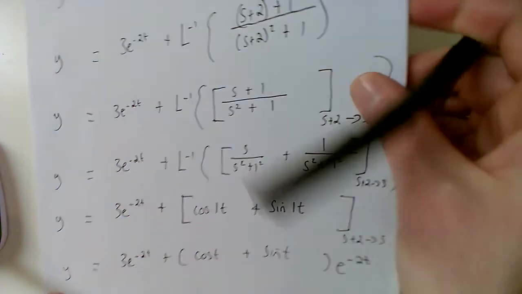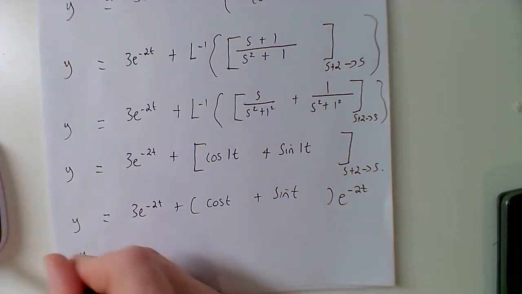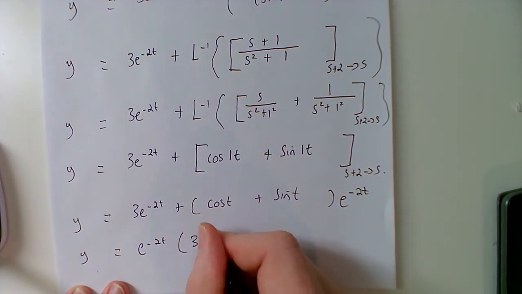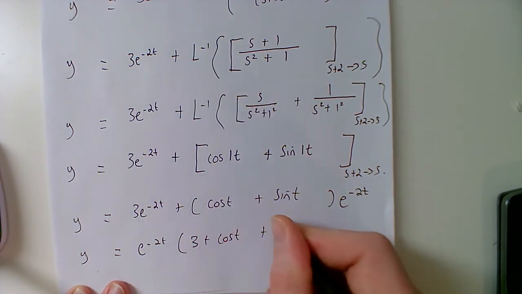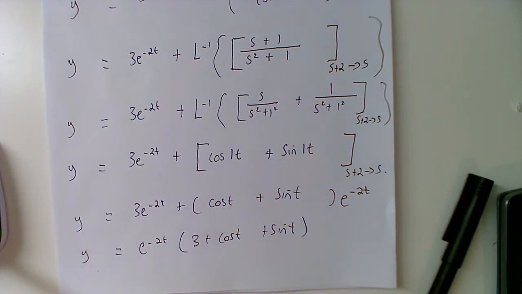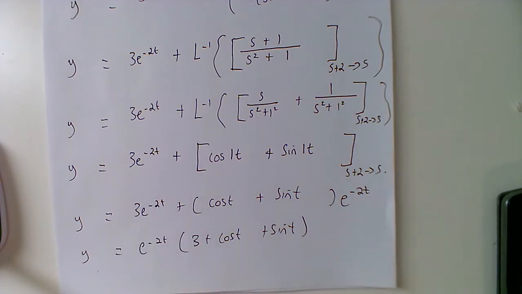So in order to finish it off, I'm just going to write it as e to the power of negative 2t times (3 plus cos t plus sin t). Or you could write it any way you want, that would be perfectly acceptable as a final answer. But what I wanted to show using that example is partial fractions and the inverse first shift theorem.